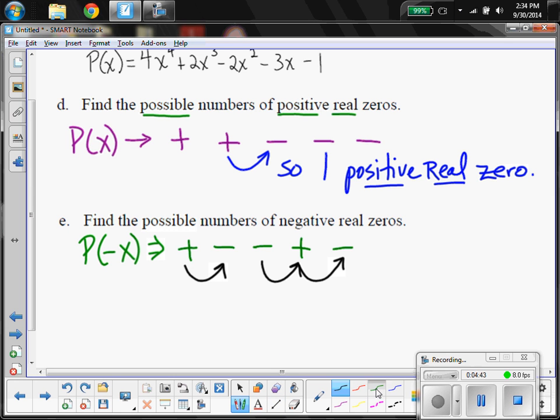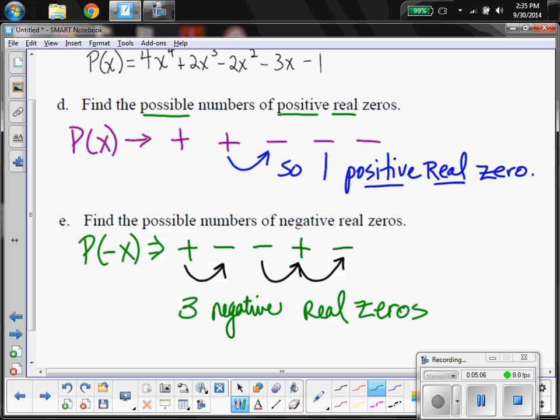that means that I've got possibly 3 negative real zeros. Not positive, I'm trying to analyze the number of possible negative real zeros. So I might have 3 negative real zeros.